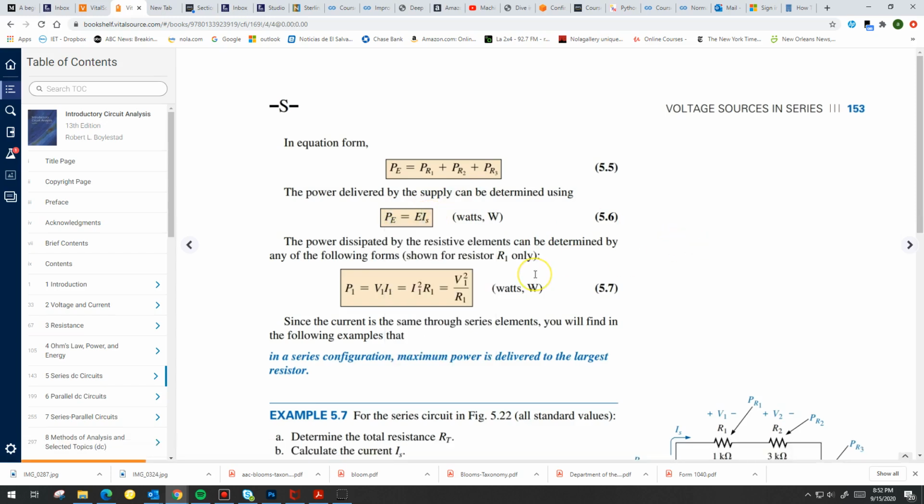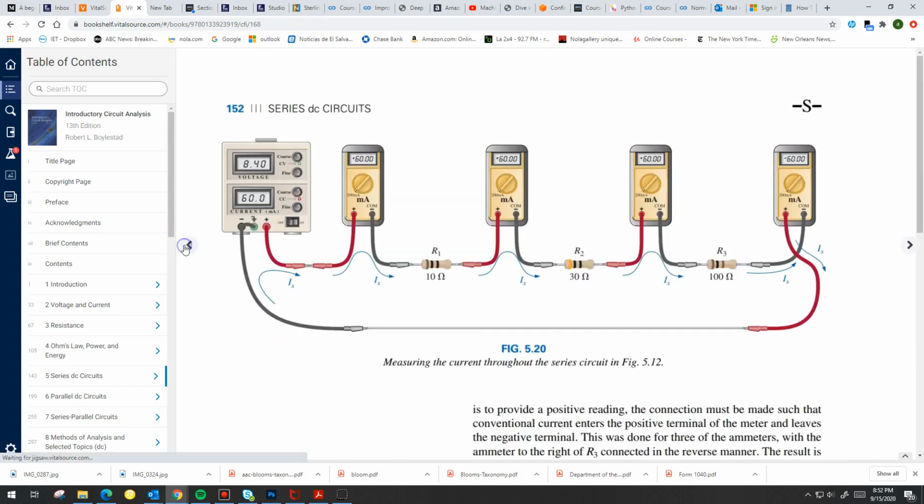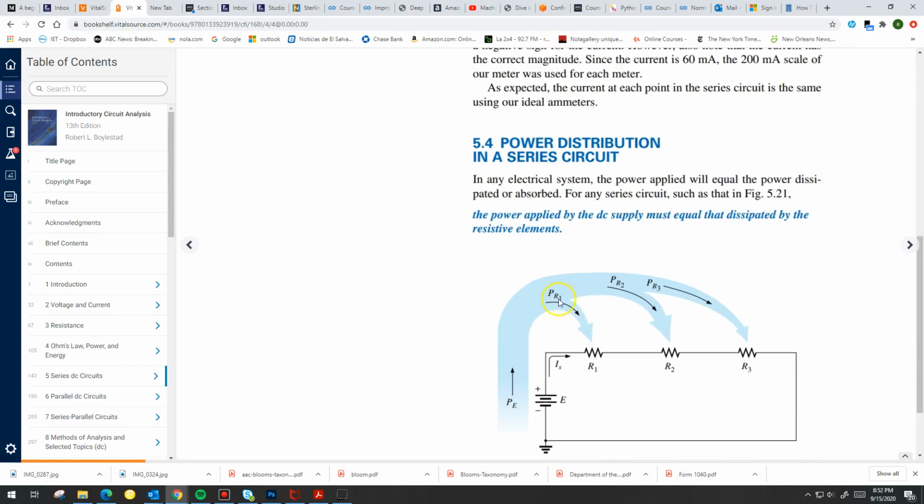And if we use some of the other equations that we know from Ohm's law, then we can also find the individual power absorbed by each of the resistors. This individual power is going to be equal to the voltage drop times the current through that resistor, right?